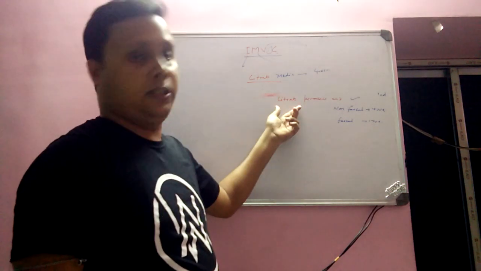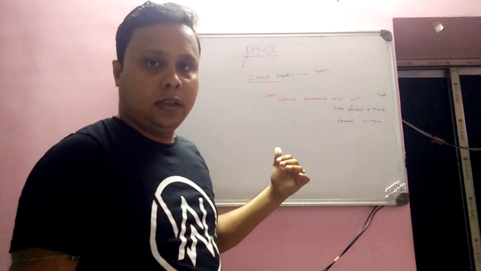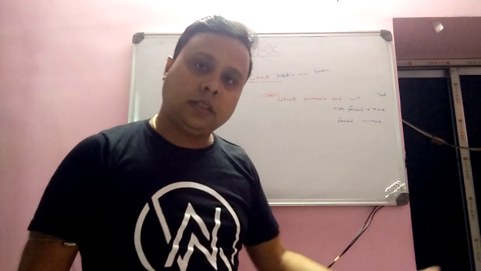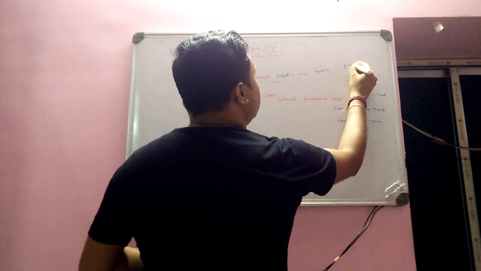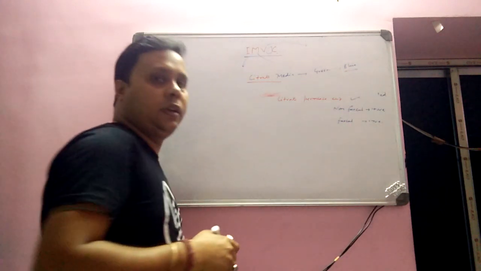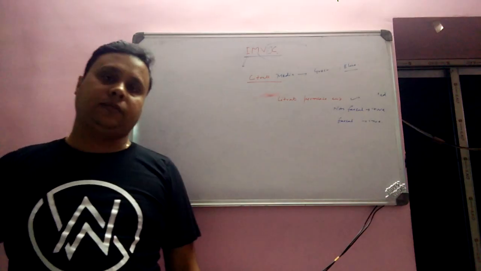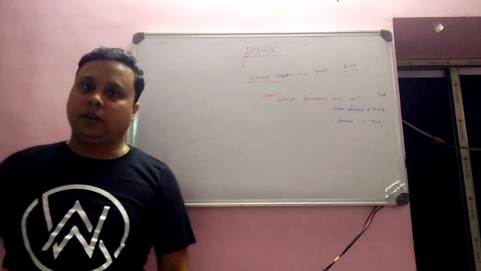Because it contains citrate. If the bacteria is capable of taking up the citrate from the media, the acidity of the media decreases, and that is why the media will be colored Prussian blue. So the conversion of green to blue also indicates a citrate positive test, and this occurs due to the presence of a dye in the media called bromothymol blue, right?